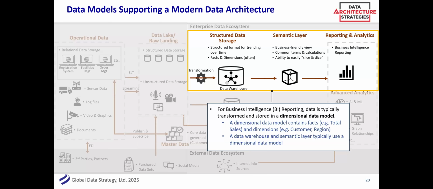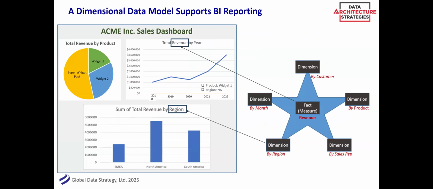I'm a proponent of using something like a business friendly semantic layer. And then your consumption pattern is going to be some sort of business intelligence reporting tool or even a spreadsheet, a Power BI, a Tableau, that type of thing. All of those layers tend to think in your star schema, cube type format, which is more your dimensional model.